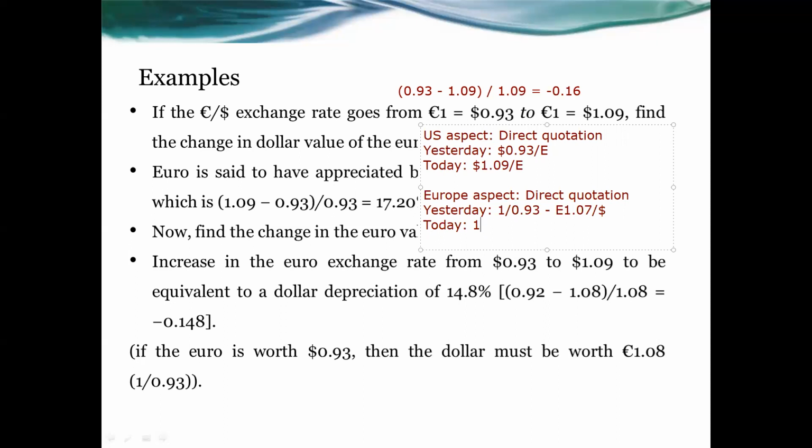Now today, we need 1 divided by 1.09. That indicates 0.917 euro per dollar.